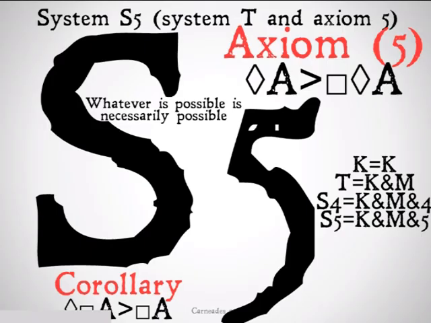Basically, the point of S5 is you can reduce long strings of different versions of possible, necessary, possible, necessary, down to whatever the last one in that line is.